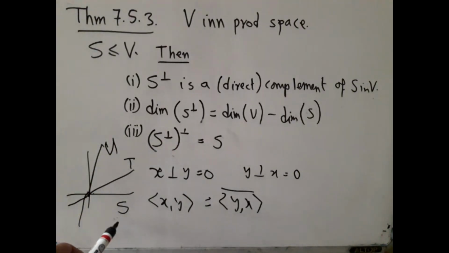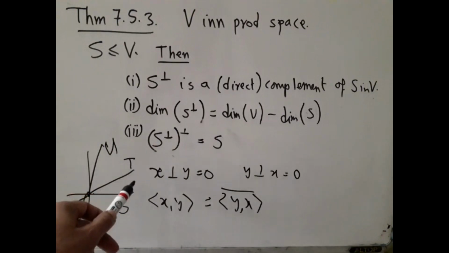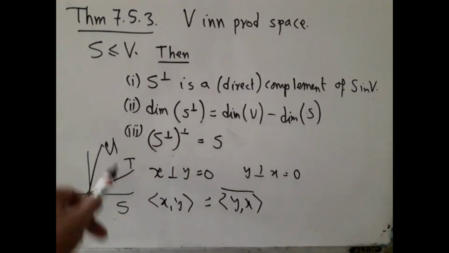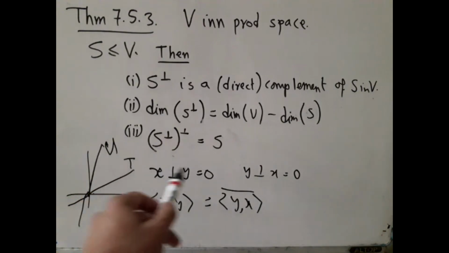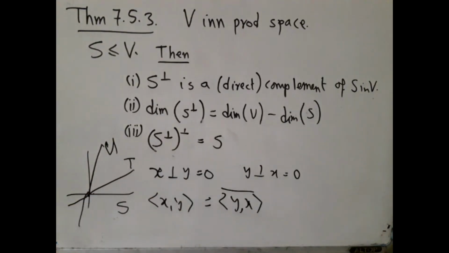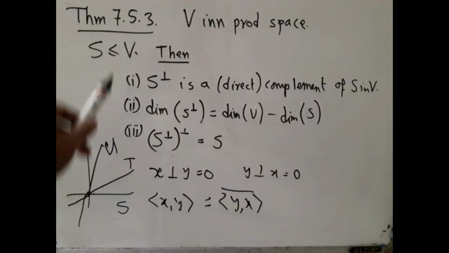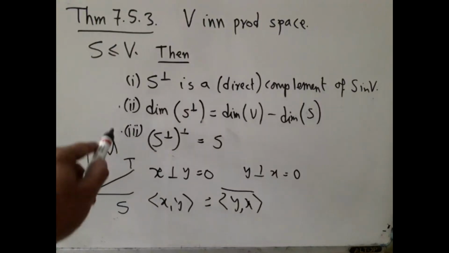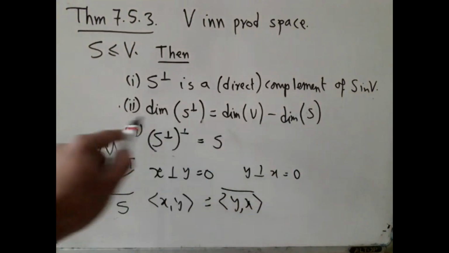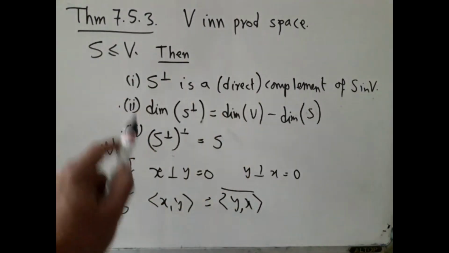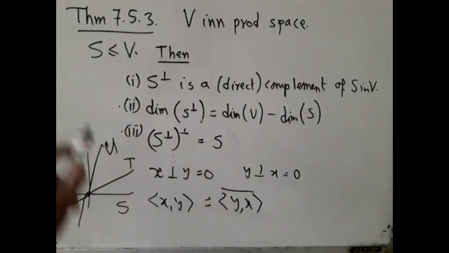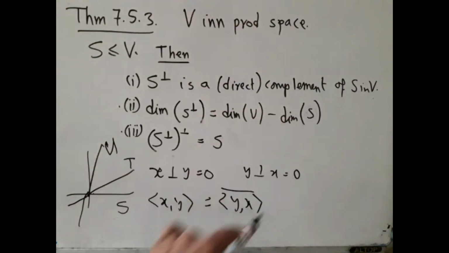So here I have S, a complement of that is T, a complement of T is U, and U is not the same as S. So this property does not hold for general direct complements, but it holds for orthogonal complements. You should understand that these two things have completely different status. This is actually true for any direct complement, and this holds only for orthogonal complement. So this theorem is a very typical Rao Bhimasankaram theorem, putting unrelated things together to confuse the student.